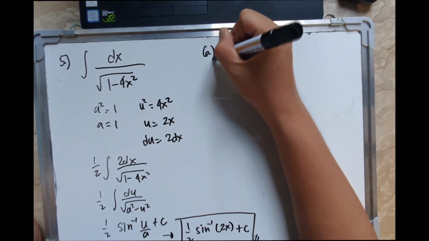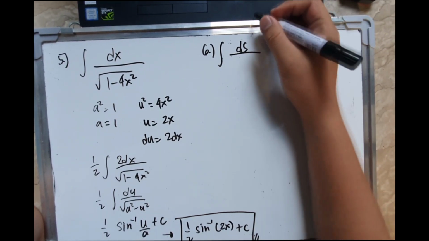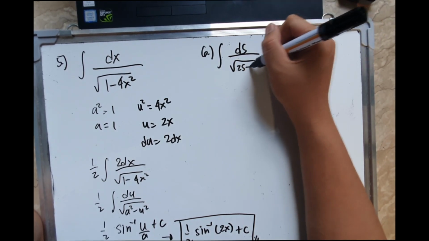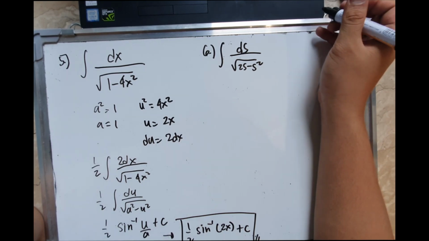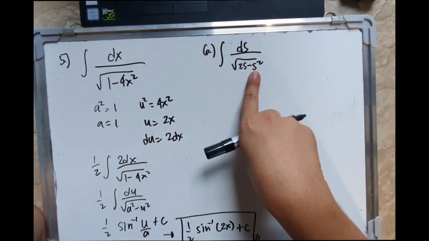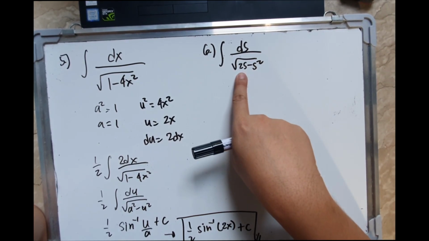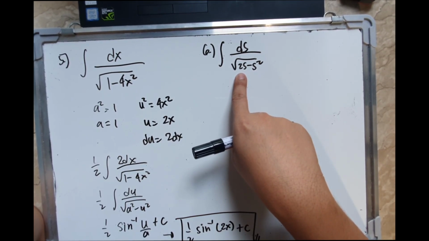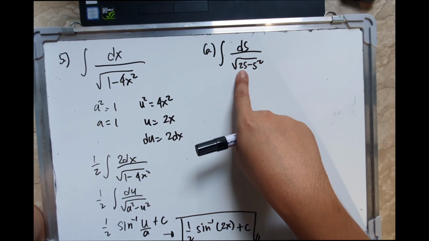Number 6, our last item, the integral of ds over the square root of 2s minus s squared. In this example, if we consider this one as the u squared, this one is obviously not a constant, so this is not an a squared. So we will again be completing the square.